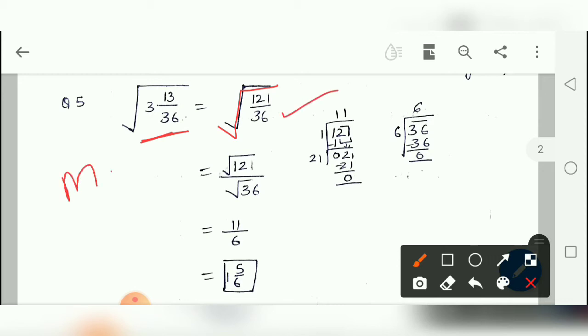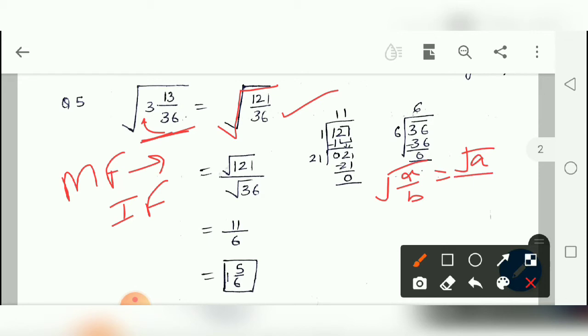Converting a mixed fraction into an improper fraction, you know what we have to do: 36 into 3 plus 13, upon 36. Now according to the rule, root a by b is under root of numerator upon under root of denominator.